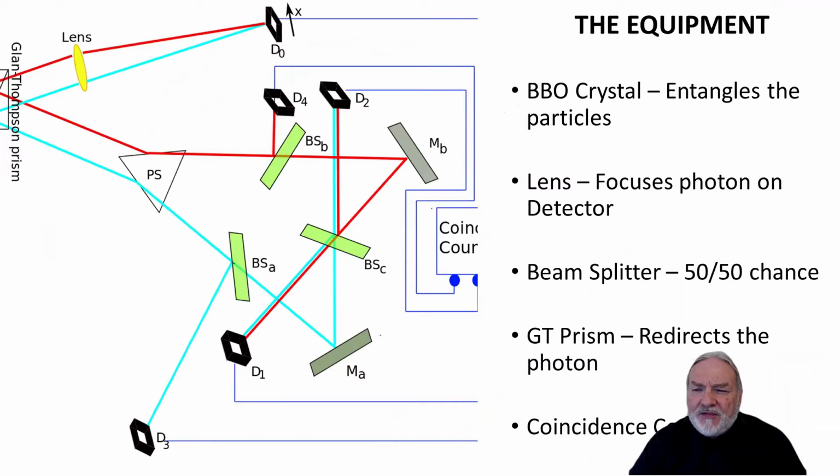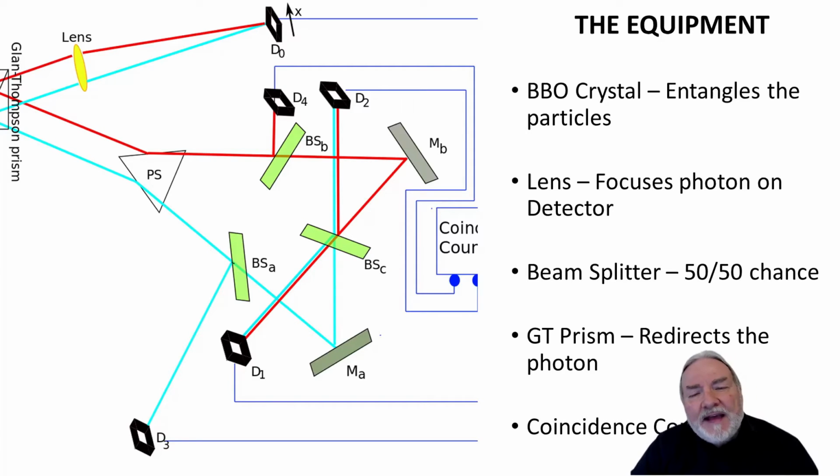I just want to mention the equipment because that throws people off. You've got the BBO crystal, all that does is entangle the two particles. You've got lenses, which focus the photons and redirect them to the detectors.